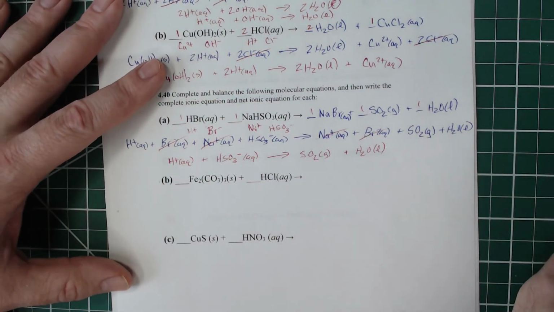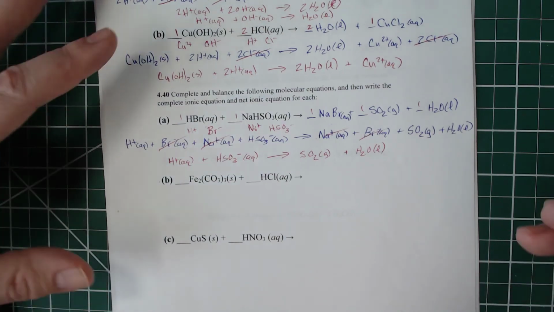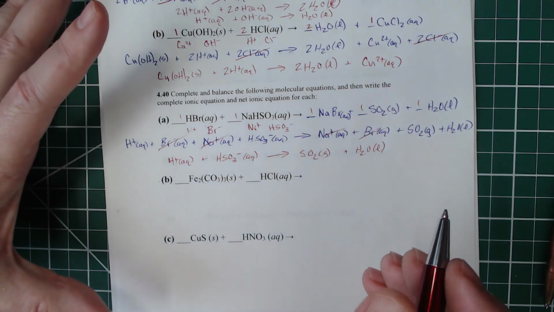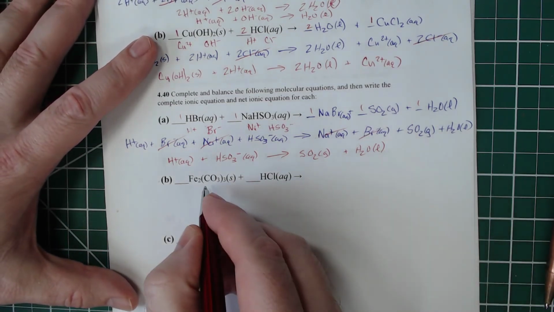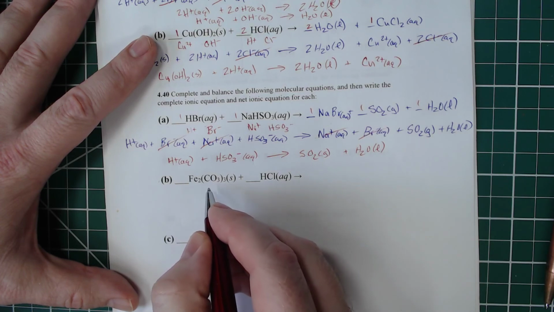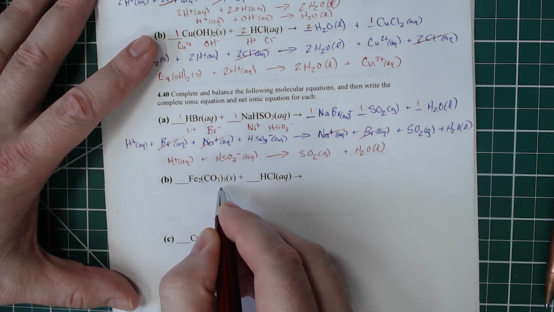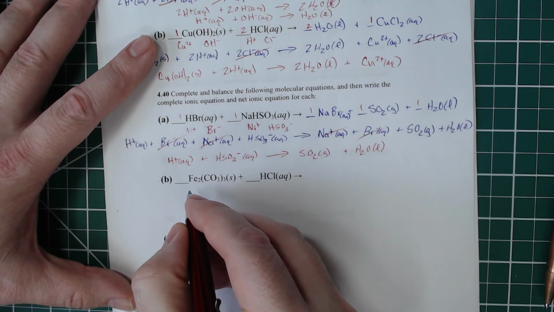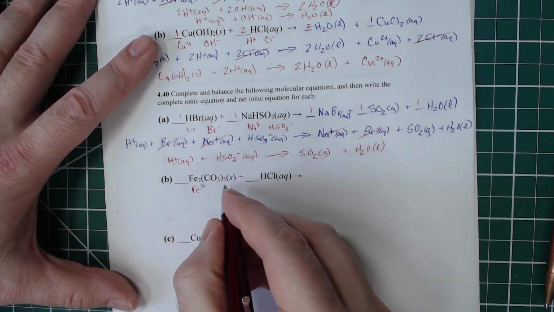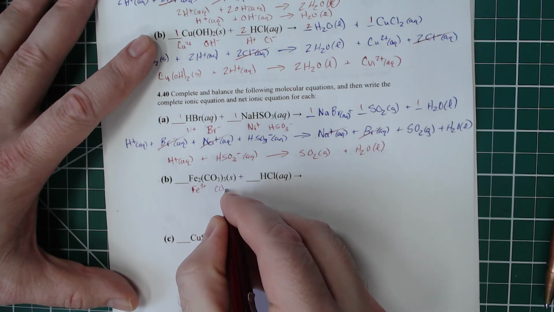All right, for the next one, we want to identify our ions up front, like we have been doing. Here we've got iron carbonate. Carbonate has a 2- charge, and if you look at the subscripts here, you can figure out that the iron must have a 3+ charge. So we're going to have iron 3 and carbonate.